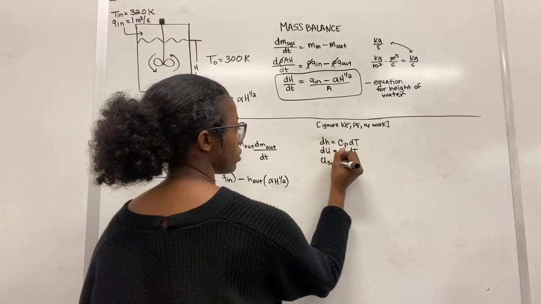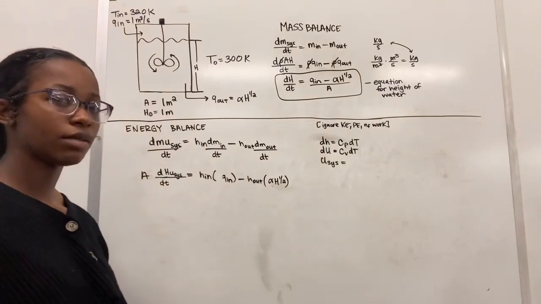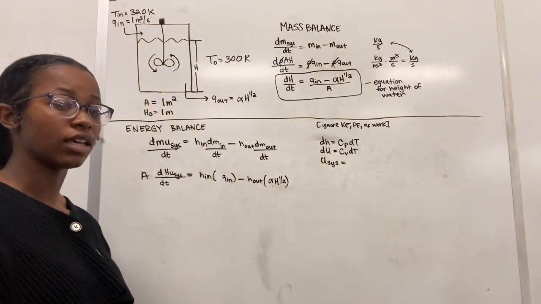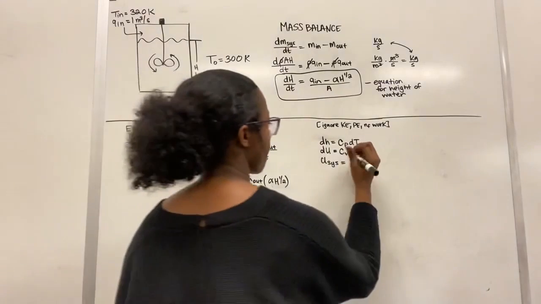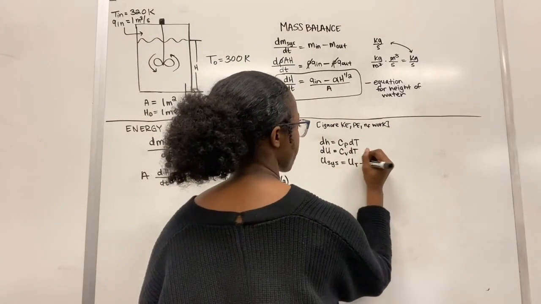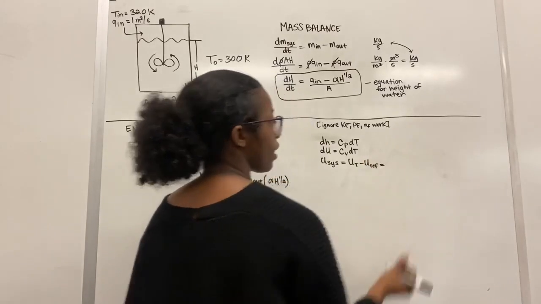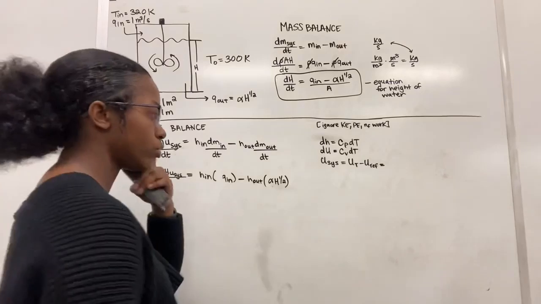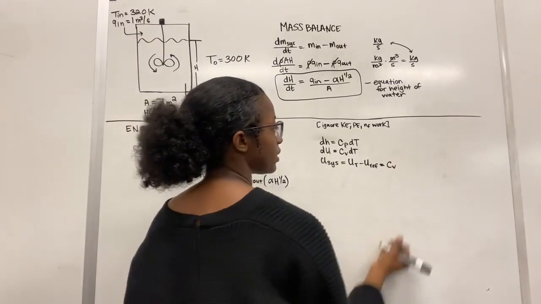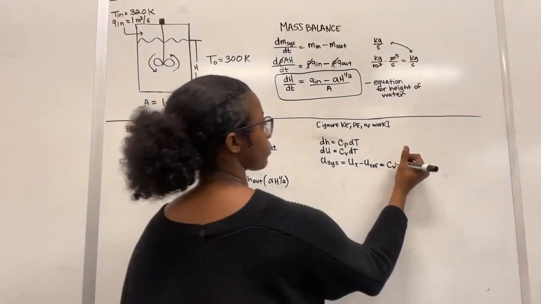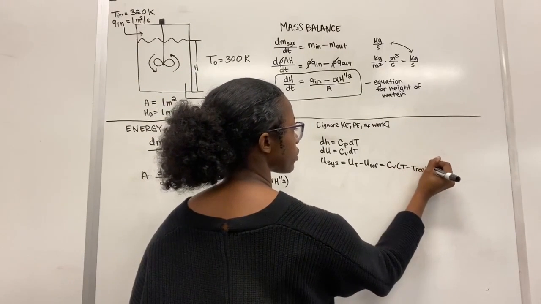So the internal energy of the system is equal to the internal energy at some temperature minus the internal energy at some reference, and that's equal to, obviously, the heat capacity at a constant volume times the temperature minus some reference temperature.